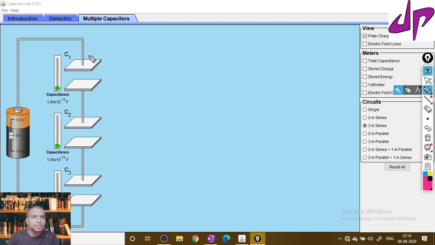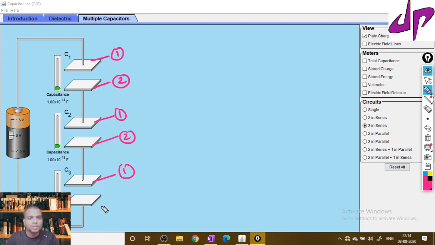This is capacitance C1, with a first plate and a second plate. For capacitance C2, there is a first plate and a second plate, and likewise for C3. Now the second end of the first capacitor is connected to the first end of the second capacitor.